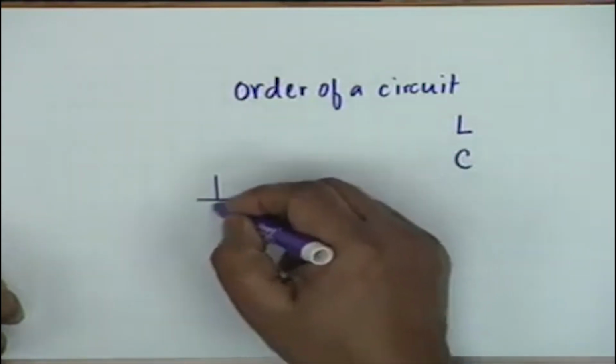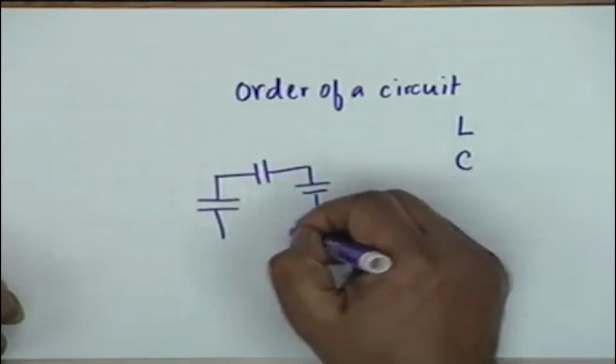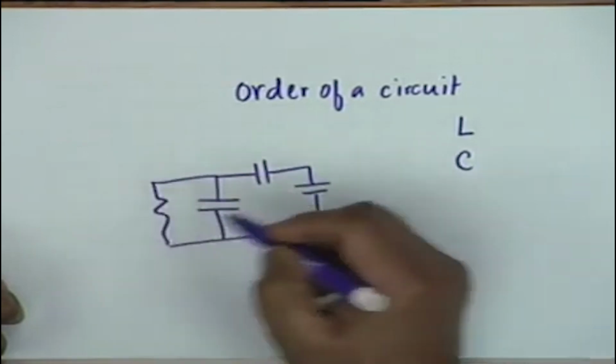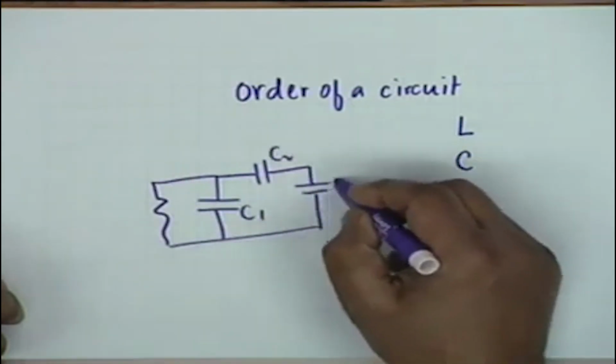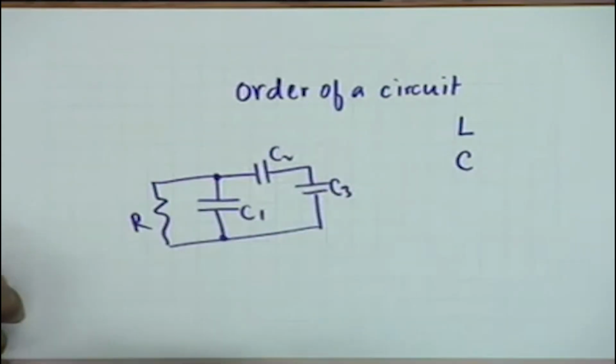And one of the examples that I gave was something like this. If you have, let's say, three capacitors like this and there is a resistance here, then you know these three capacitors behave like a single capacitor.